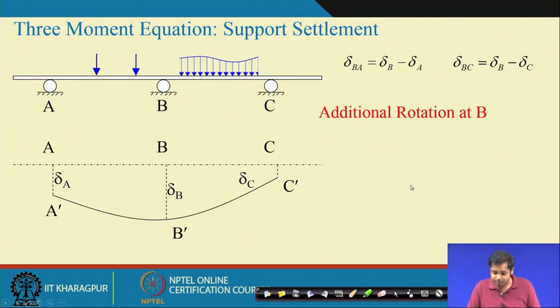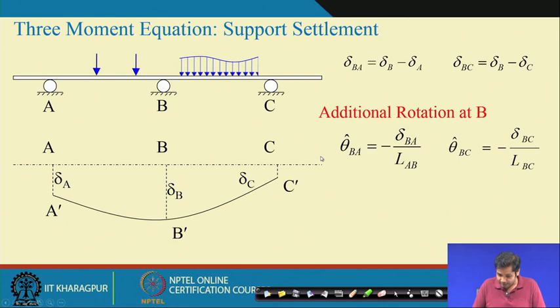Once we have the relative displacements and we know the lengths, we can calculate the additional rotation at point B because of the relative displacement in AB, which is equal to this, and similarly the additional rotation at B due to the relative displacement in segment BC is this. Then the total rotation will be the two rotations that we already calculated, the basic determinate structure under the external load and under the redundant force, and the third component in this case will be the rotation due to the support settlement.